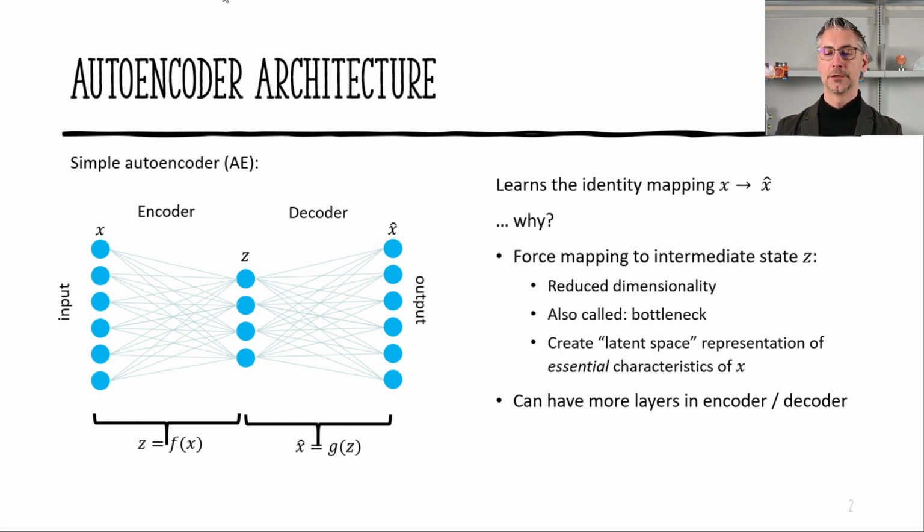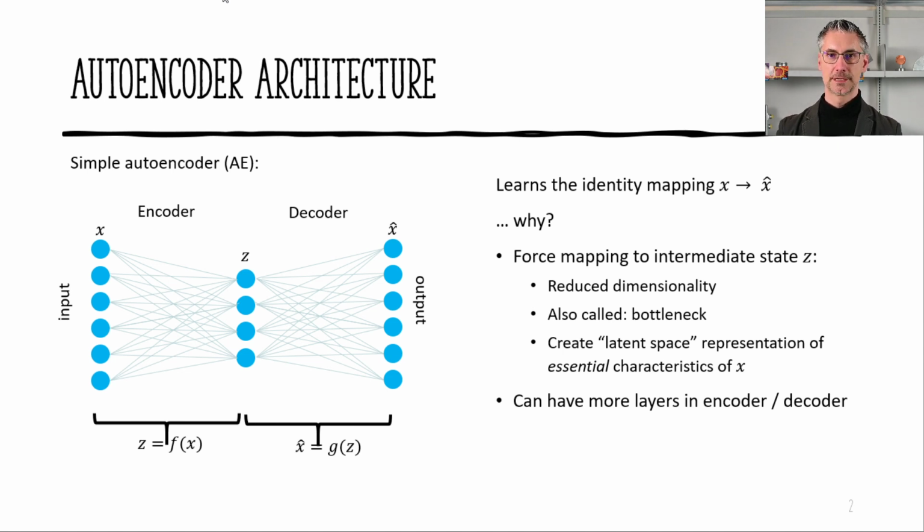So for example, we can use this to reduce the dimensionality. But essentially what we do is we create what's called a latent space representation of the essential characteristics of X. So when you remember, we had an image, for example, in the input layer, and we were reconstructing the same image in the output layer.